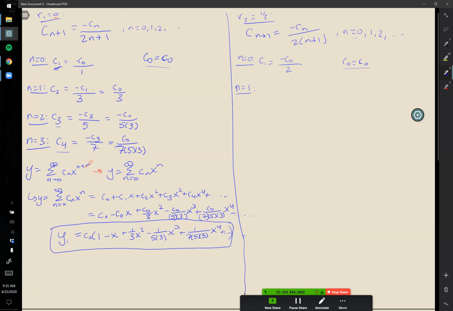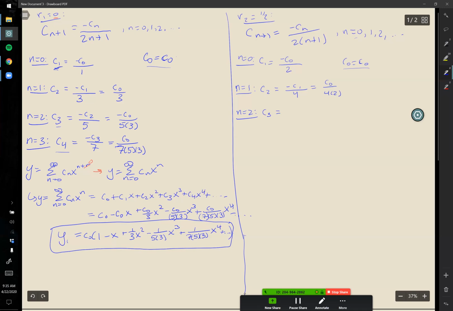So n equals 1, what do we get? C2 is equal to negative C1 over 2 times 2, which is 4. We knew C1 was over here, so it's going to be positive C0 over 4 times 2. Then we keep going.